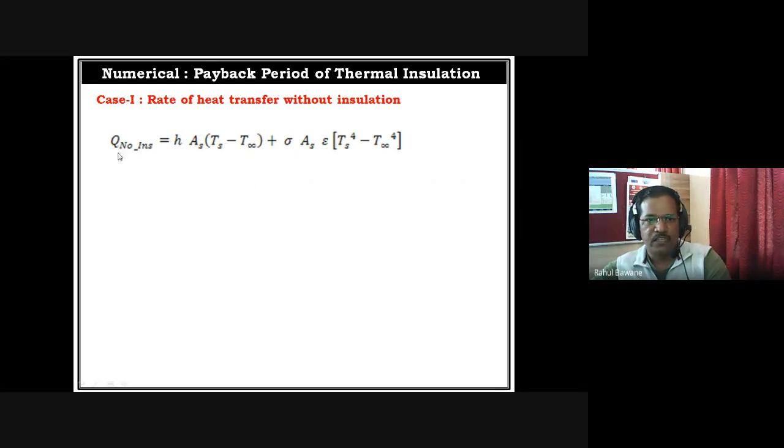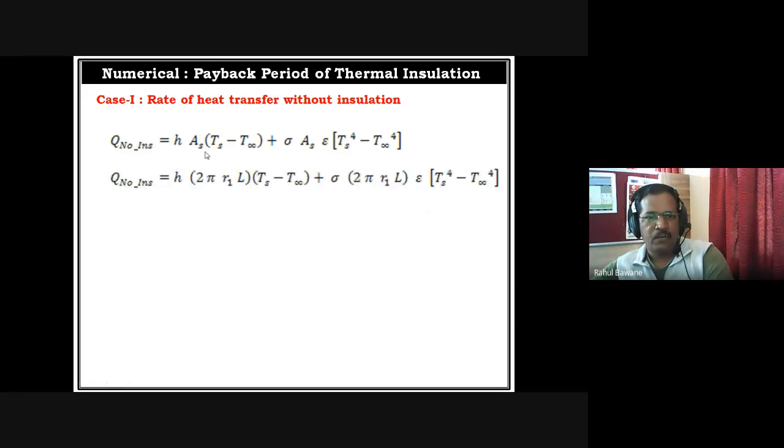Total heat loss with no insulation is h times surface area of pipe times (T surface minus T infinity) plus radiation: sigma, the Stefan-Boltzmann constant, times surface area, times emissivity, times (T surface to the power 4 minus T infinity to the power 4). Remember friends, whenever there is a radiation part, we have to put the temperature in Kelvin only. So for this numerical, we will put the temperatures in Kelvin.